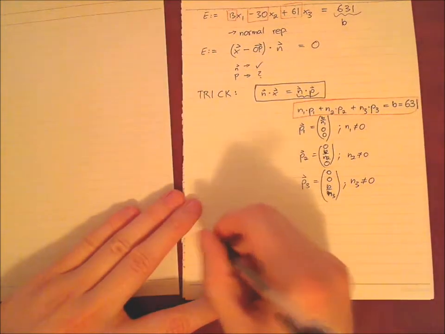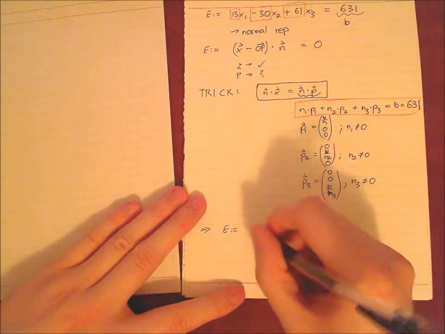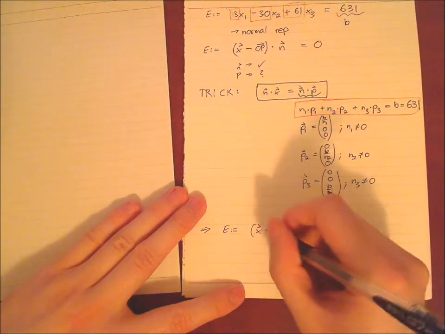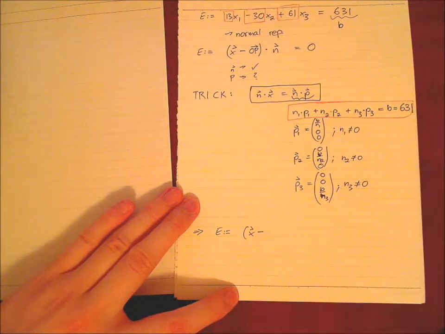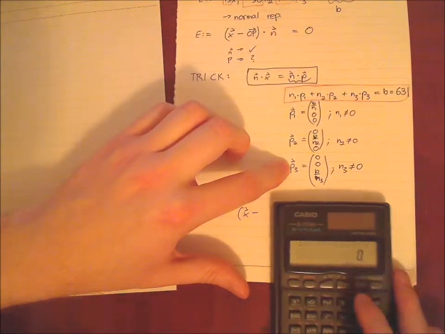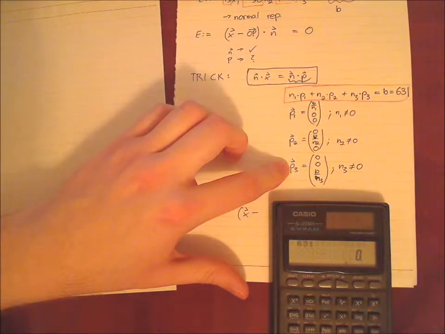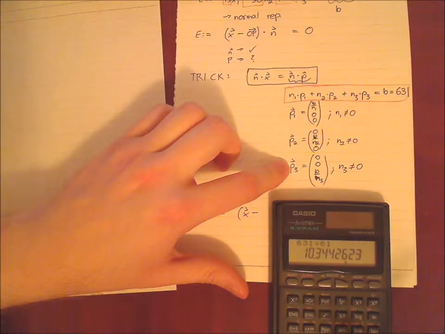Then finally we can write down our normal representation, which is x, okay, that's easy, minus, then we need a point, then we can say, okay, we take maybe something like P3, and we say 0, 0, and then we have to divide 631 by 61. We can try whether it's possible to divide evenly, but probably not.